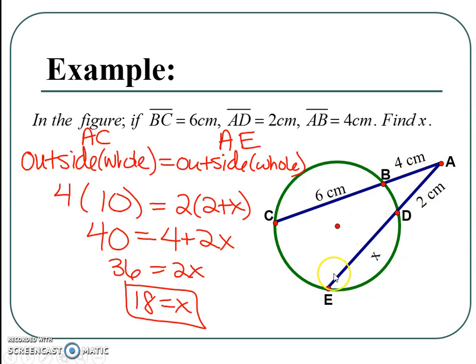Here, you're going to do 4 times 10 because from A to C is 10, 6 plus 4 is 10. So the outside is 4, AB, times 10, which is 40, equals 2 times 2 plus X. Now, if you do the distributive property, 2 times 2 is 4, 2 times X is 2X. Subtract 4, 36, divided by 2, this is 18.